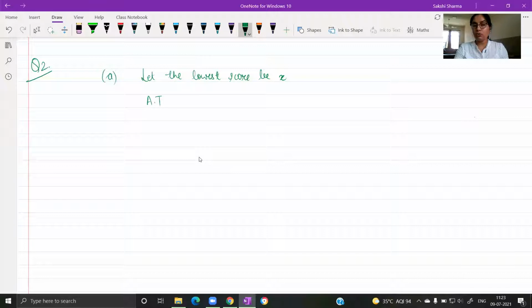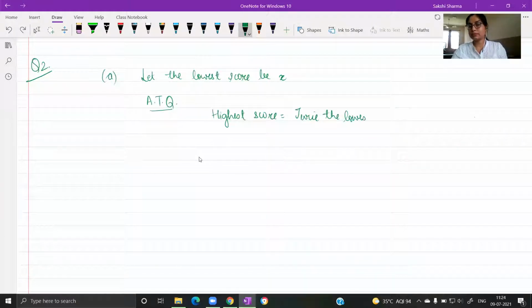And according to the question, it's given that the highest score is equal to twice the lowest score plus 7. All right, Gunjanpreet, that's completely fine.